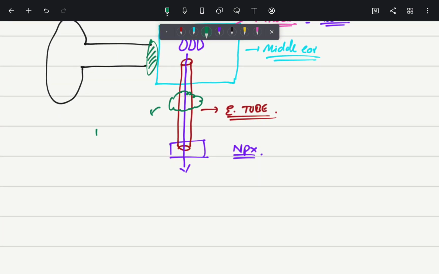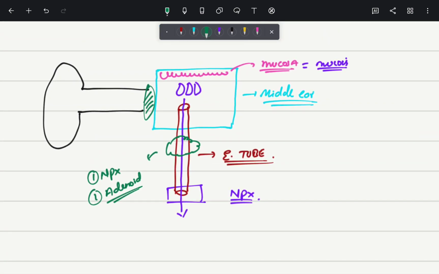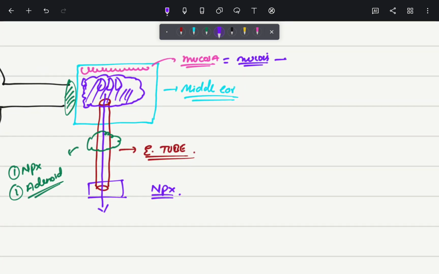Conditions such as nasopharyngeal carcinoma or adenoid hypertrophy can block this eustachian tube. So what will happen? The mucus will start accumulating in the middle ear. This accumulated mucus looks like a thick glue. Hence serous otitis media is also called glue ear.